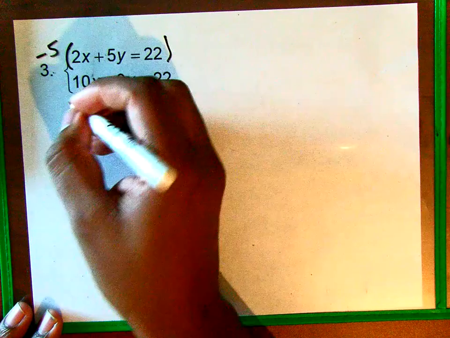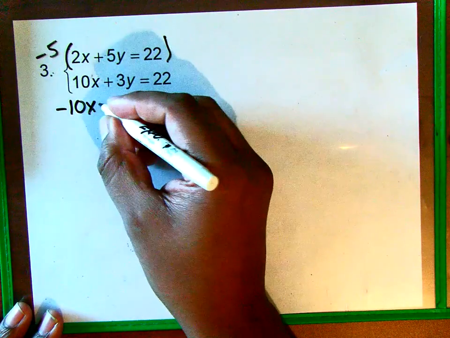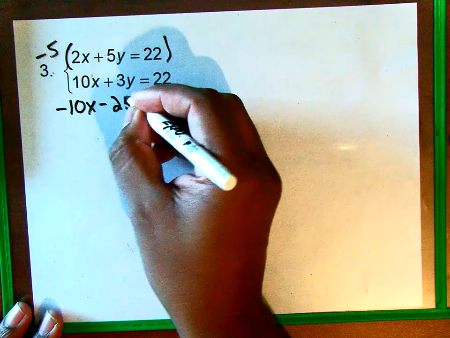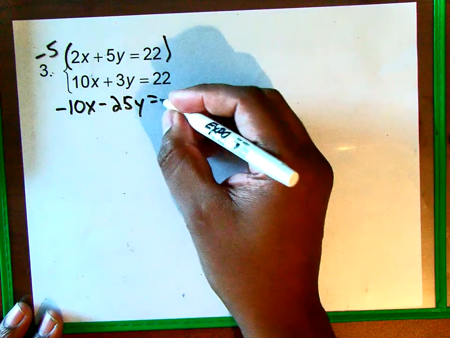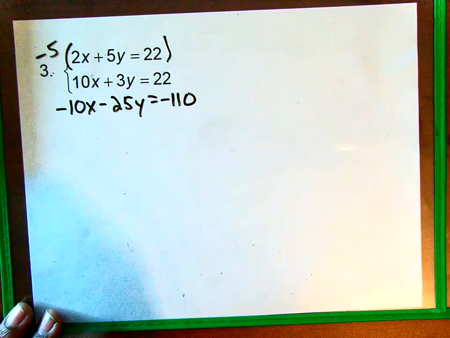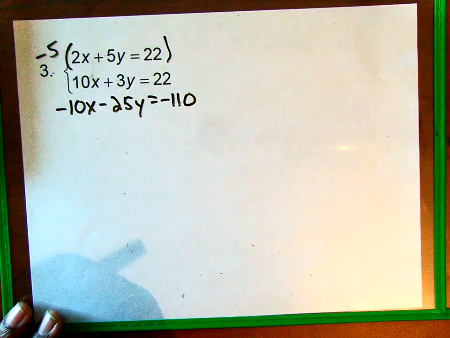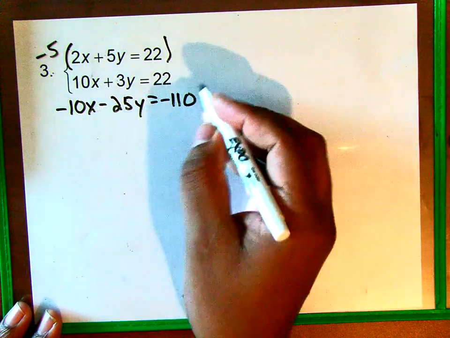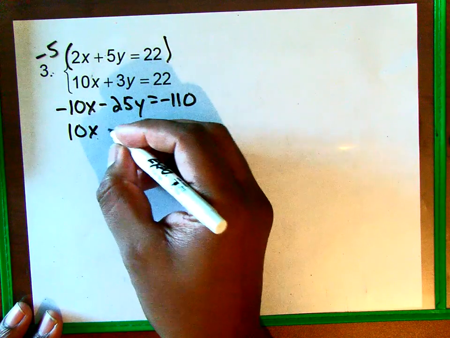So I'm going to distribute that -5, and I have -10x minus 25y is equal to -110. So all I did is distribute. Now I'm going to rewrite this equation so that I can add them and eliminate.